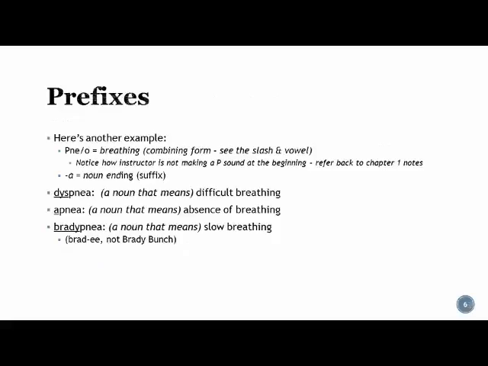Here's another example. Pne/o is the combining form that means breathing. A is a suffix that makes a word a noun. So when we add dys, a, and brady to pnea, we make different medical words.